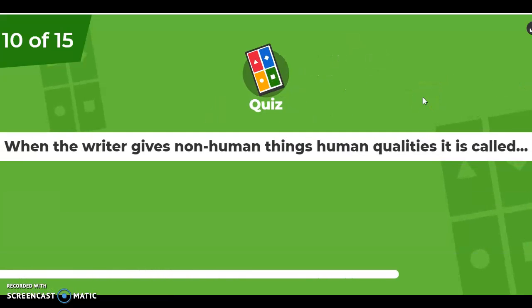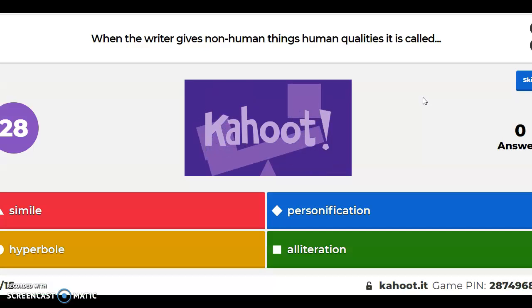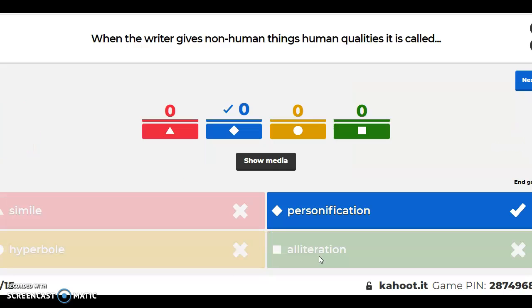When the writer gives non-human things human qualities is called simile, personification, hyperbole, alliteration. Personification. Notice the beginning of this word is the word person. So we're giving human qualities as if it was a person.